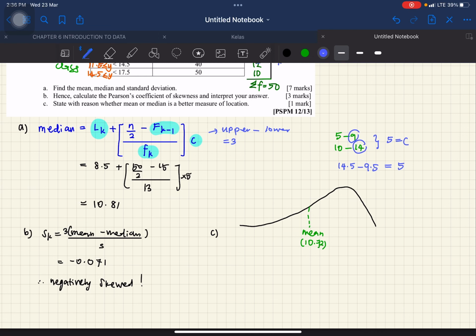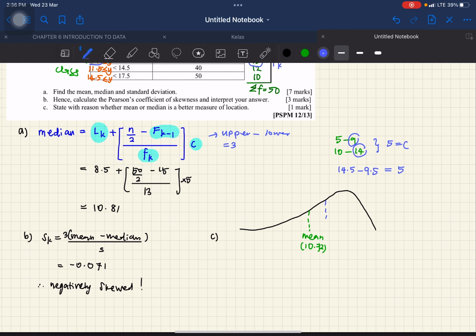Dia suruh compare antara dua kan. So median is somewhere here. Dia besar sikit nilai dia. It's 10.81. Okay, so nilai yang dekat hujung ni, hujung ni is what we considered as outlier. Okay, so nilai-nilai yang outlier.